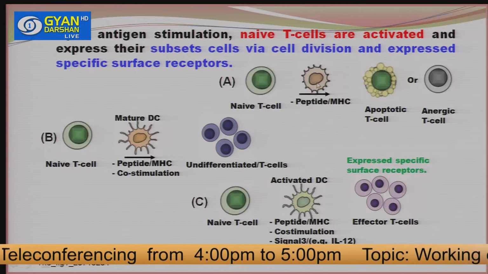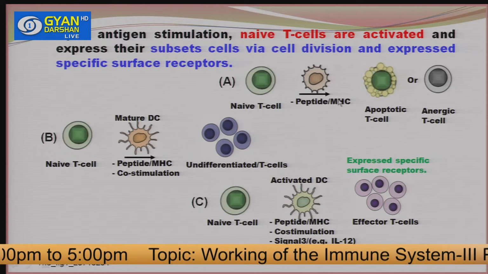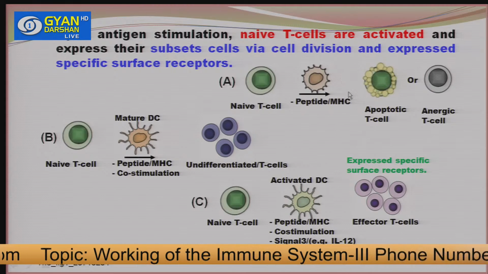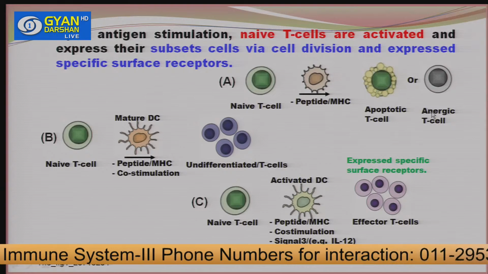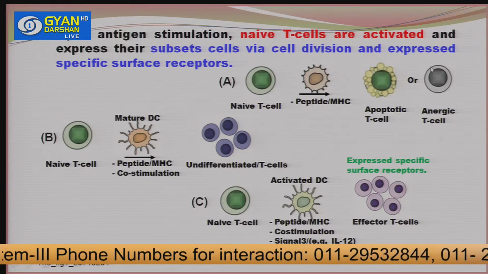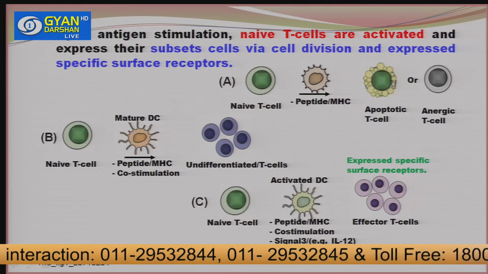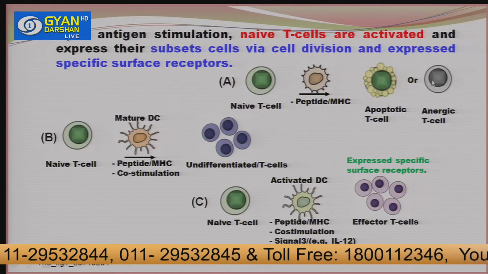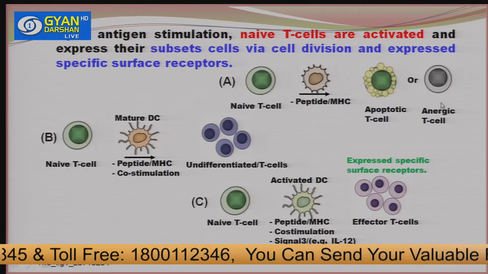Naive T cells will encounter peptide MHC, and they may undergo apoptosis, or become anergic cells. These are the different types of cells that will be generated, but ultimately they will not be involved in cell mediated immunity. They will not kill the pathogens.